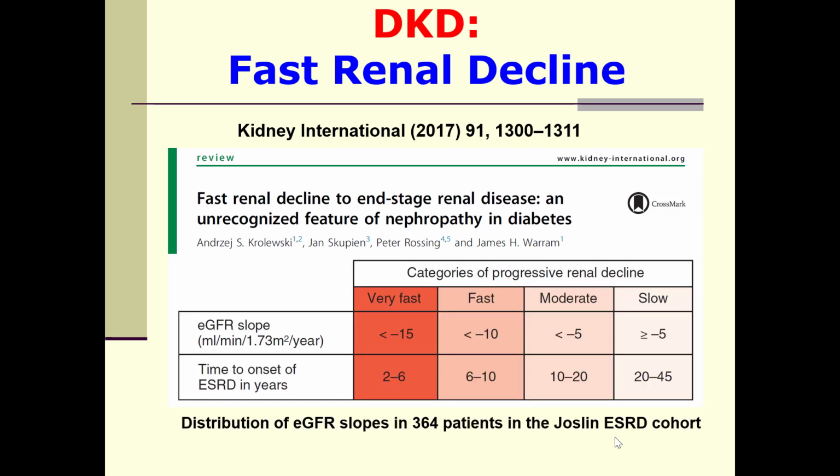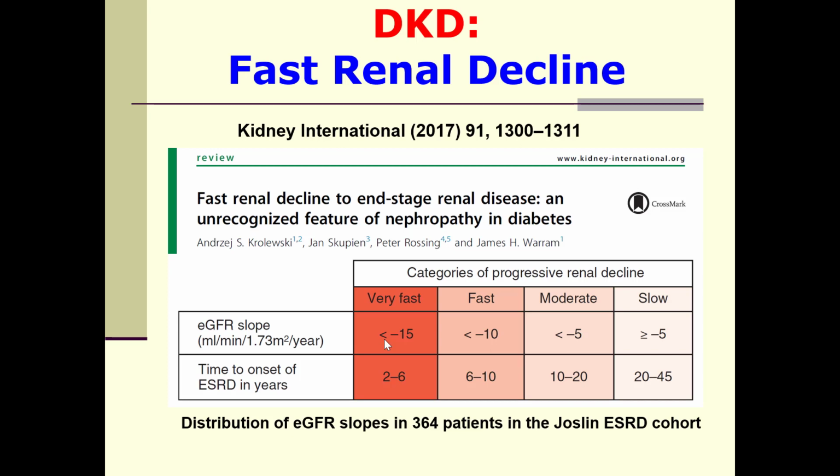So, according to the categories and distribution of estimated GFR slopes in this Joslin end-stage kidney disease report cohort, we can say that we have patients with very fast progression, moderate progression, or slow progression. How to say slow, moderate, fast, and very fast? If estimated GFR is reduced by more than 15 ml per minute per year, this is a very fast progression.